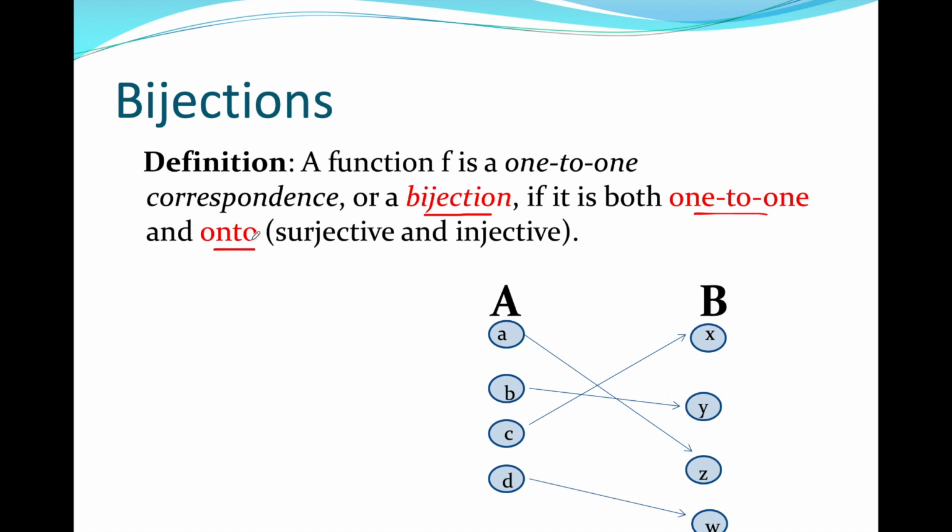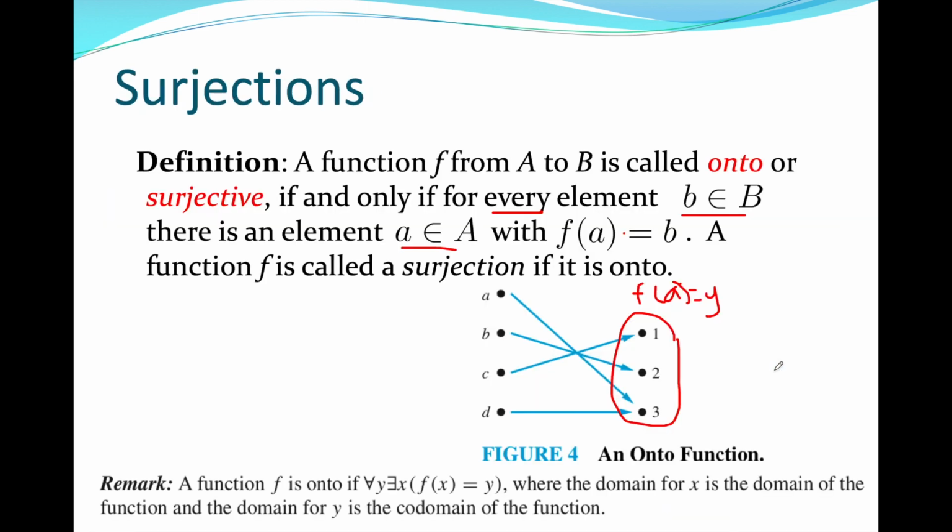Now, to check that it is onto, you have to check that all the elements in B are connected to A. Yes, we can see that X, Y, Z, W are each connected to an element of A. So basically this function is both 1-to-1 and onto.